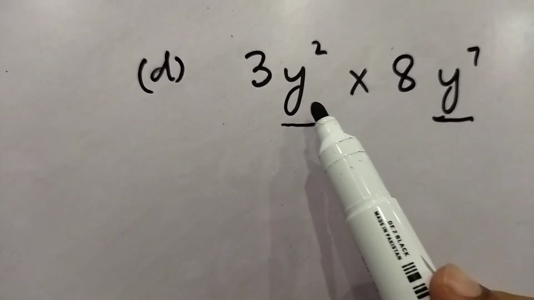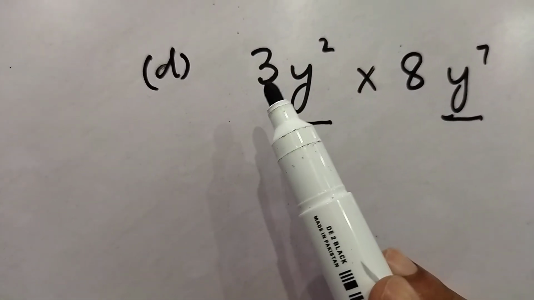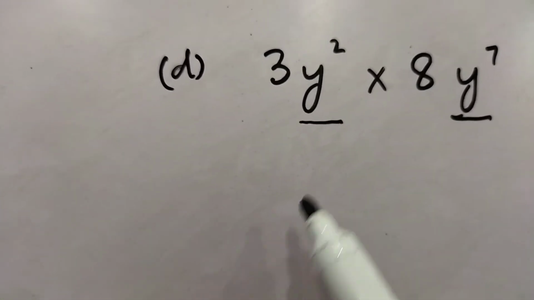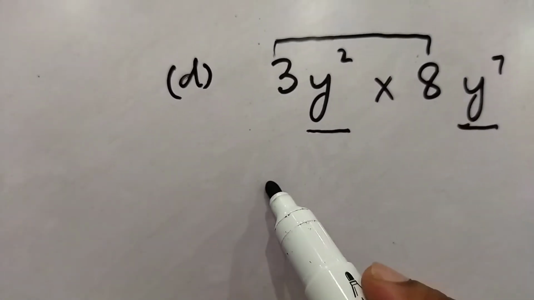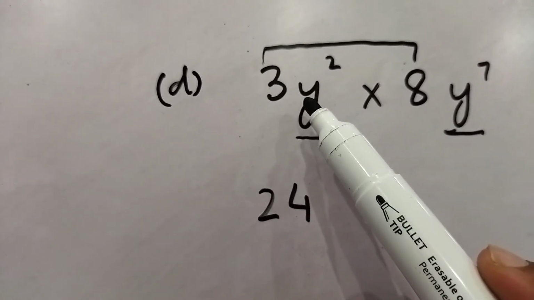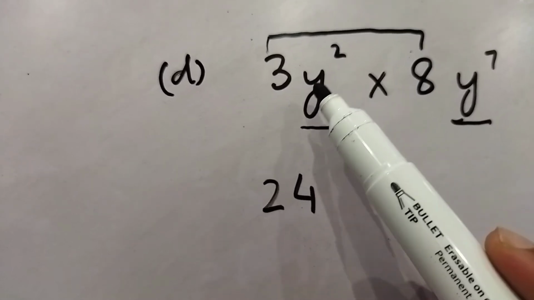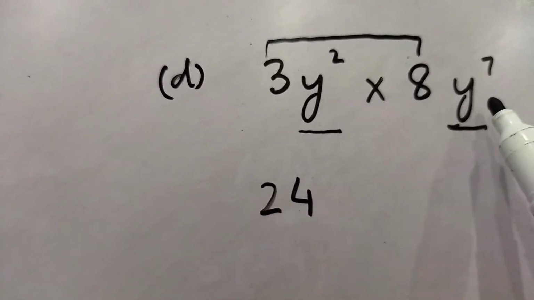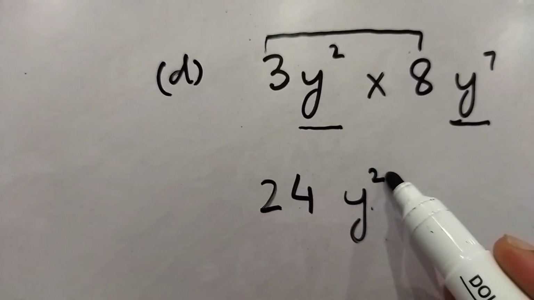Here we have same base y, but their constants are different, that is 3 and 8. So what we're going to do is multiply 3 with 8, which is 24, right? And now we'll add up the powers of y which have the same base, that is y. So y squared multiplied by y to the power 7 will give us y raised to power 2 plus 7.